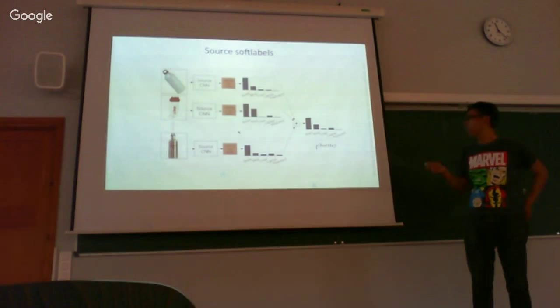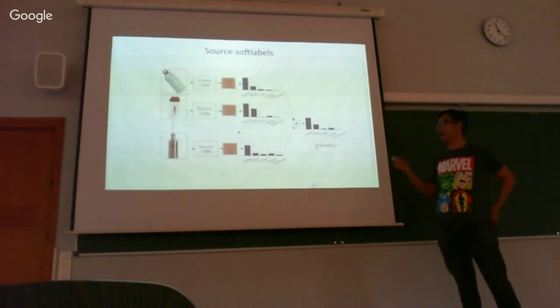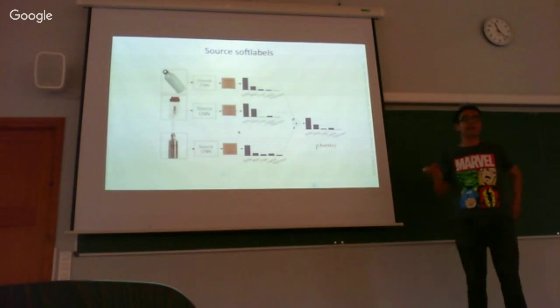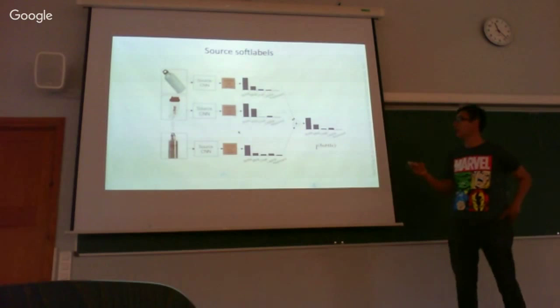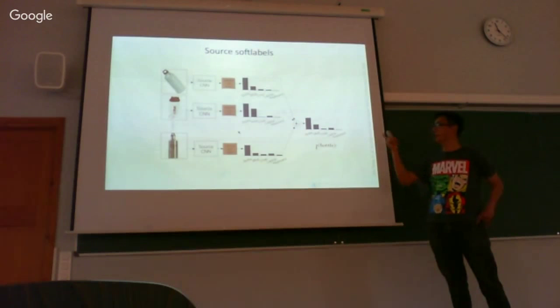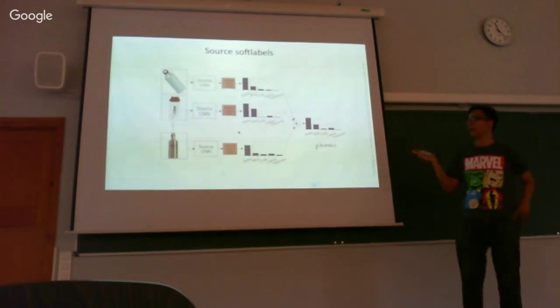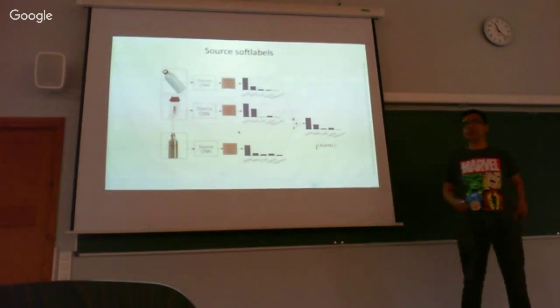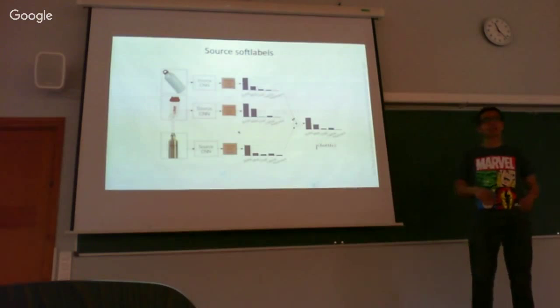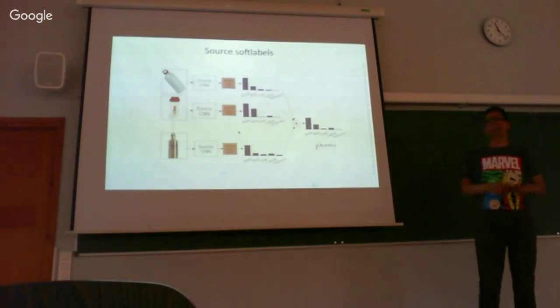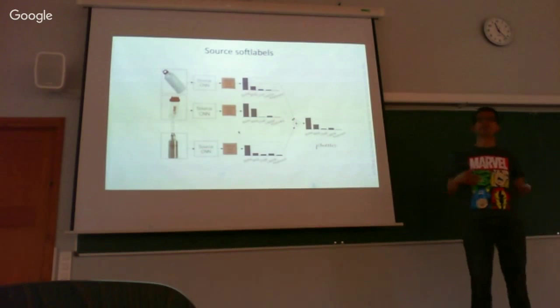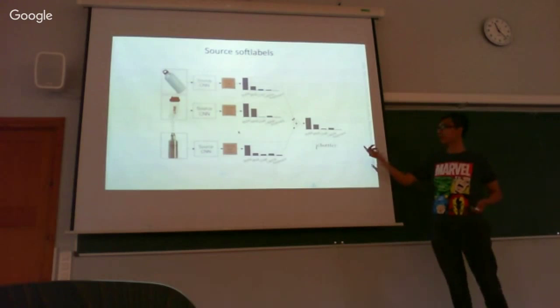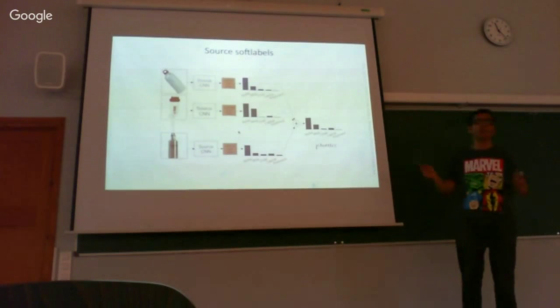Then they average these probabilities and get the mean probability. In this slide we can see the bottle, and here we can see the probability distribution. The objective is that, for instance, the bottle is closer to a mug than a keyboard. So the keyboard is penalized in this distribution.